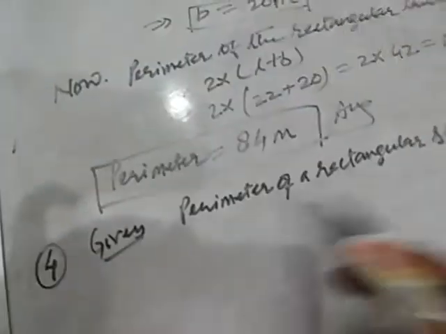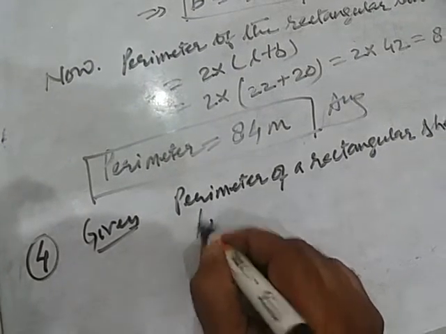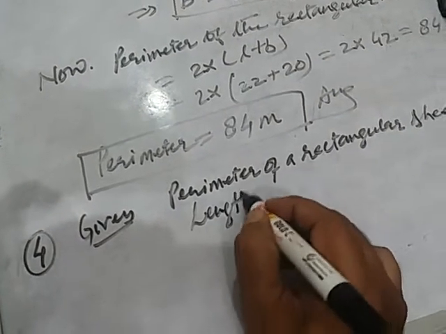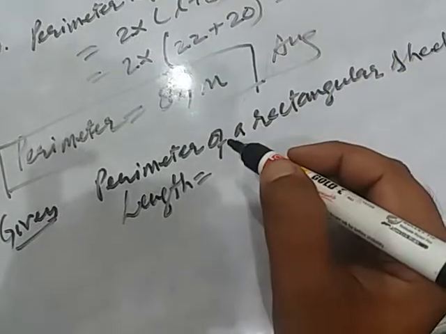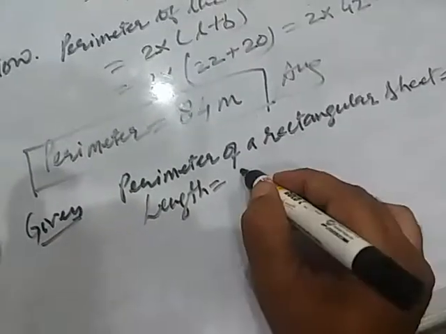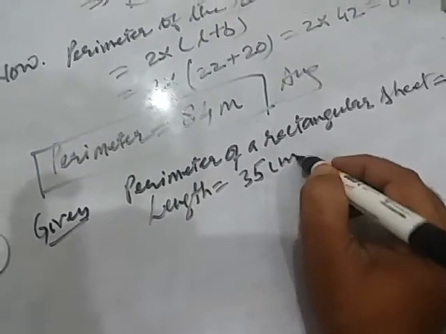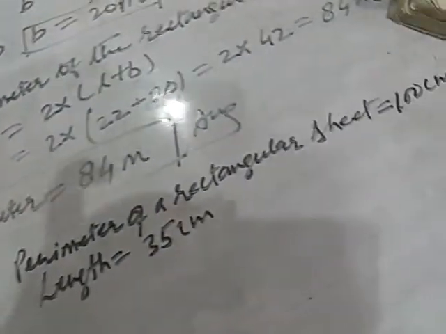If the length is 35 centimeter, find its breadth and also find the area.